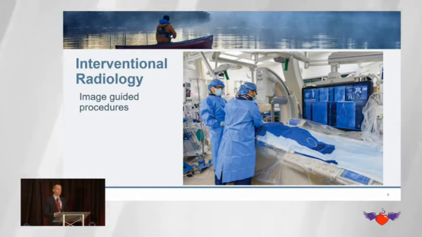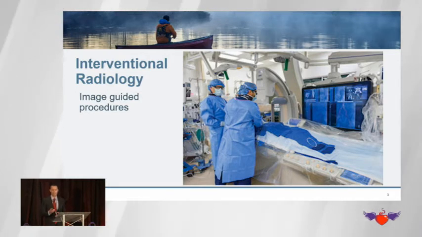We do procedures all over the body, including the vascular system, the arteries and veins, whether it's to remove clot, to open them up, or to stop bleeding, and including treating aneurysms like in the aorta. The gentlemen in the picture are working under fluoroscopy, that live X-ray. They're doing an angiogram, injecting contrast dye into a blood vessel so they can see it under the X-ray to do some sort of intervention.